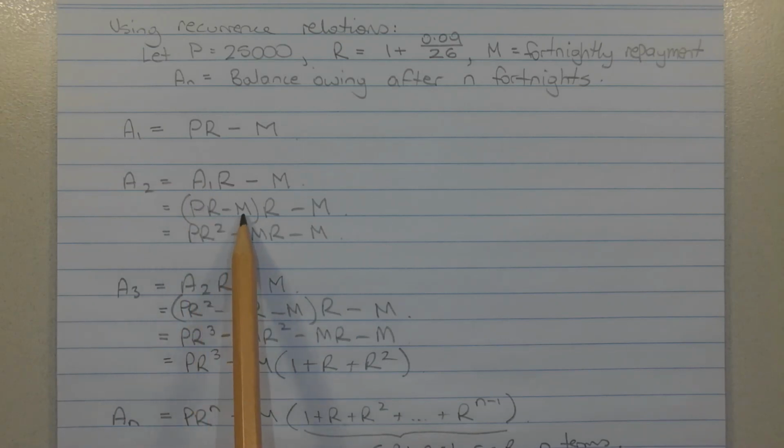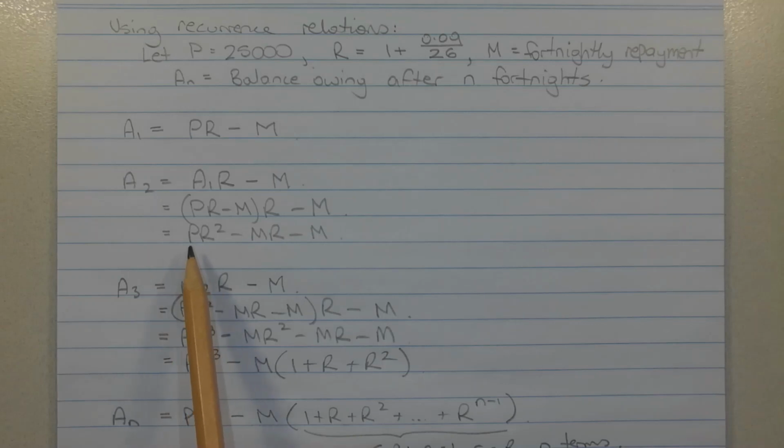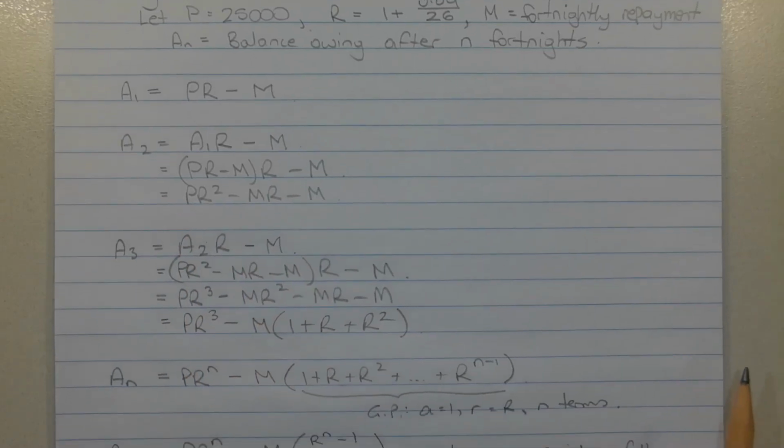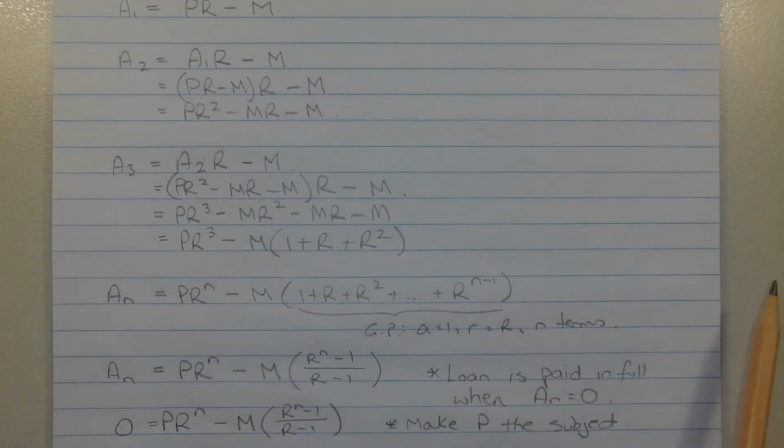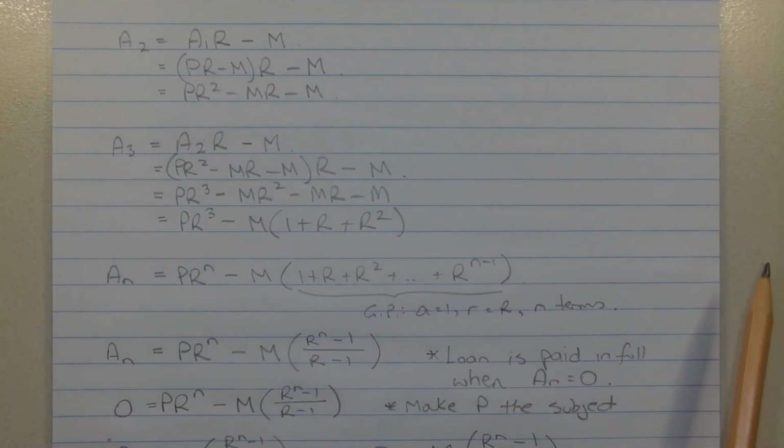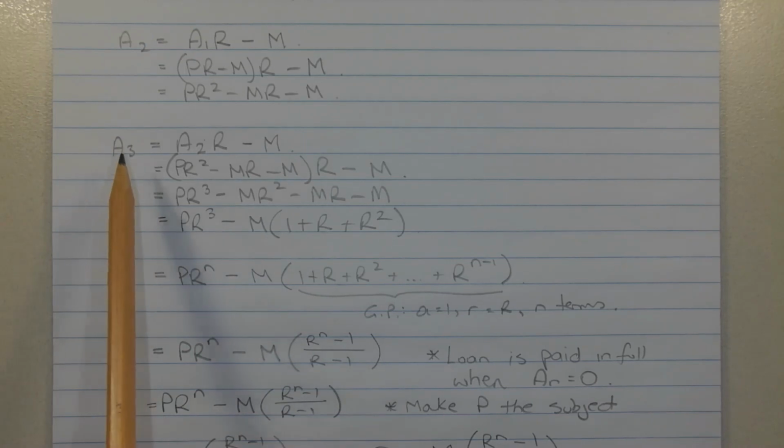Substituting PR minus M for A1 and then expanding the brackets, we get A2 is equal to PR squared minus MR minus M. So at this point, we can see a pattern starting to form. And just to make sure we got the pattern right, I'm going to work out A3, which is an expression that represents the amount owing at the end of the third fortnight.